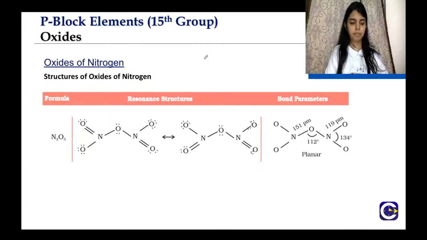Anyone with the answer? What is the covalency of nitrogen in the structure of N2O5? This is the structure of N2O5.